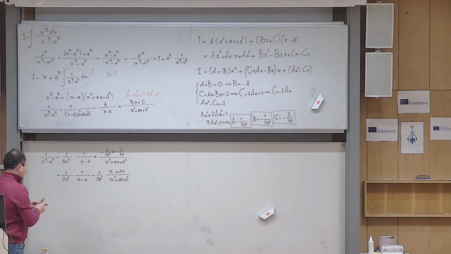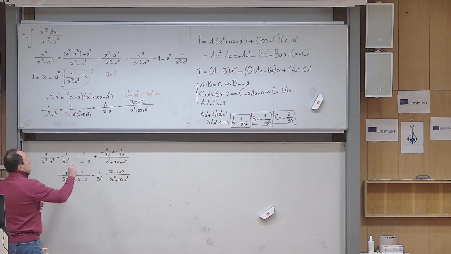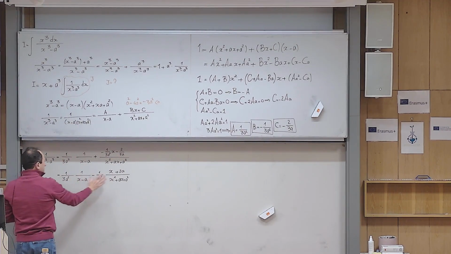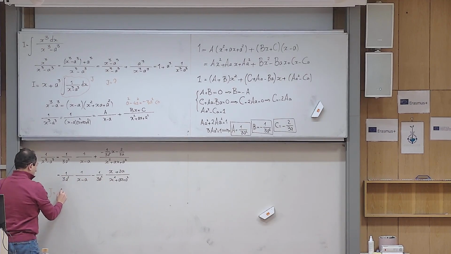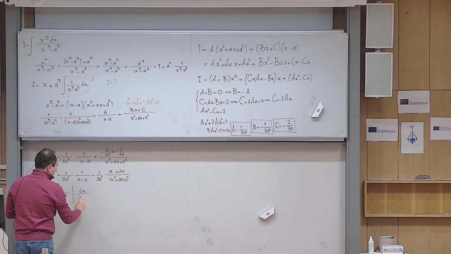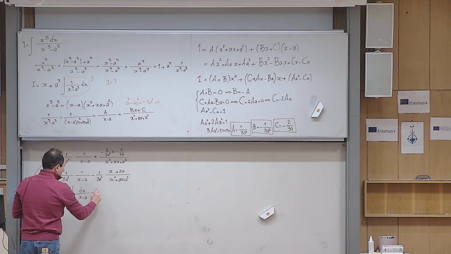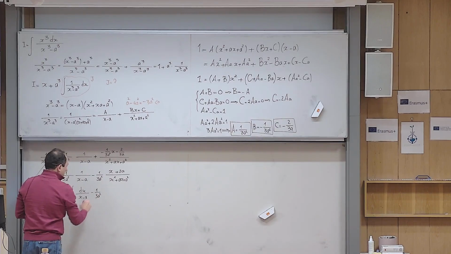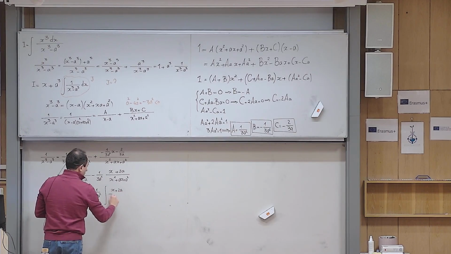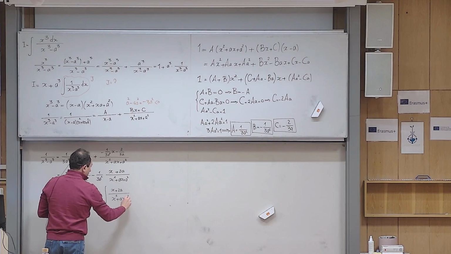Okay, so now the integral j, which is that integral, is the integral of this part plus that part. So I would write 1 over 3a squared integral of dx over x minus a minus 1 over 3a squared, and then I have integral x plus 2a over x squared plus ax plus a squared.